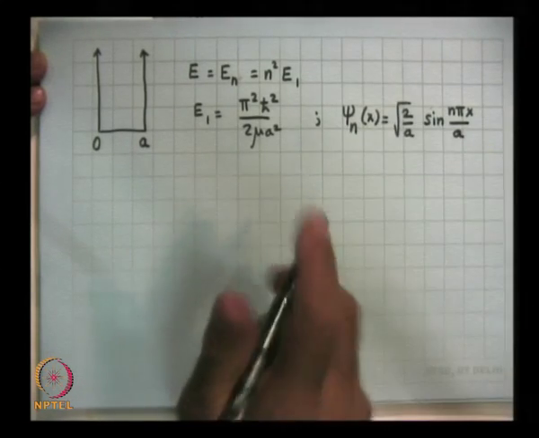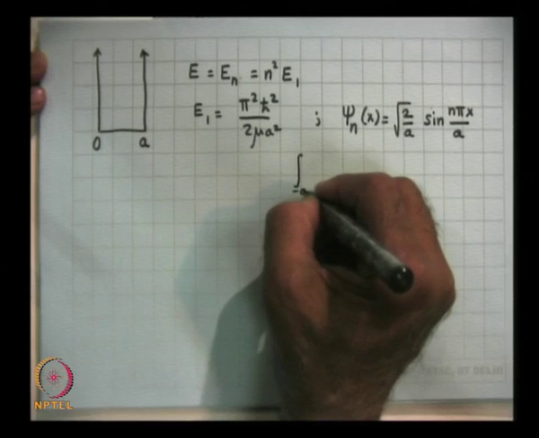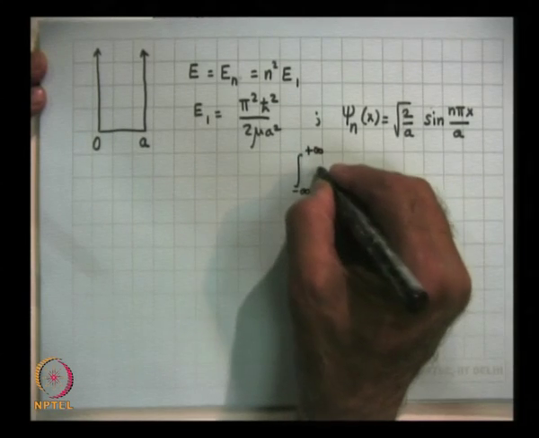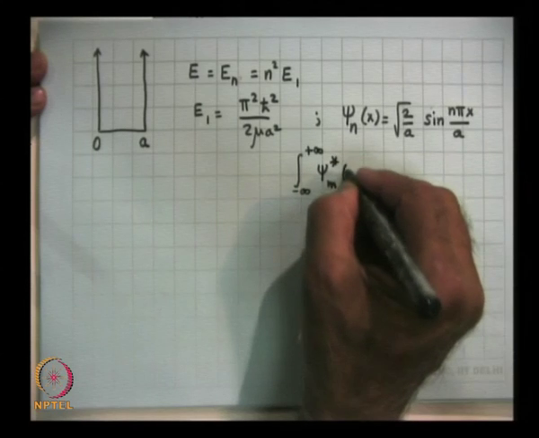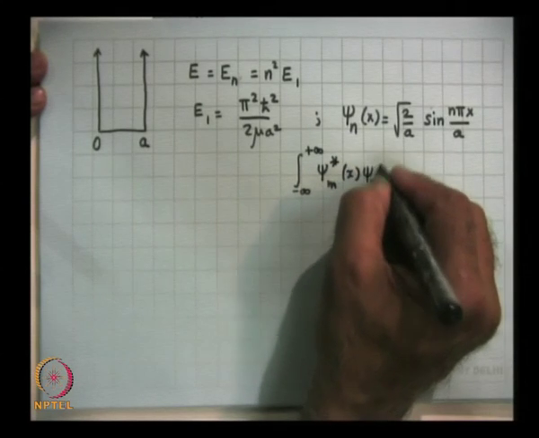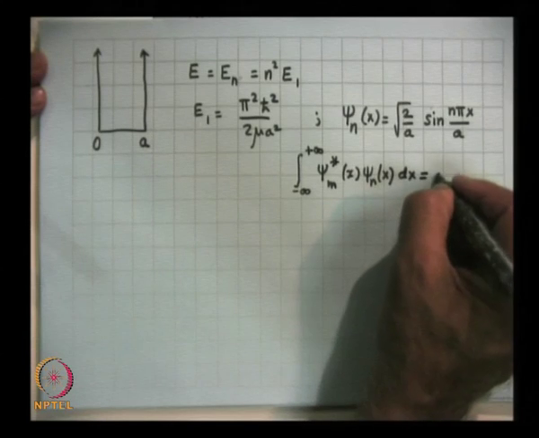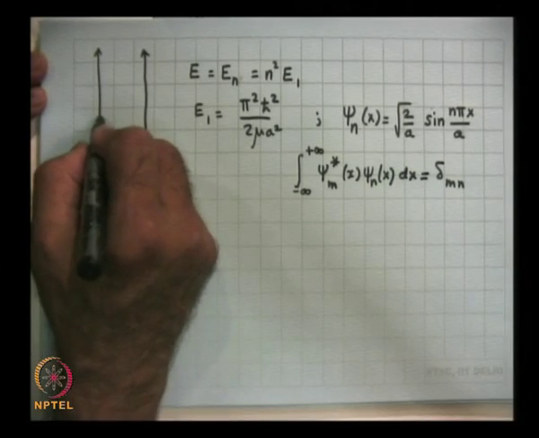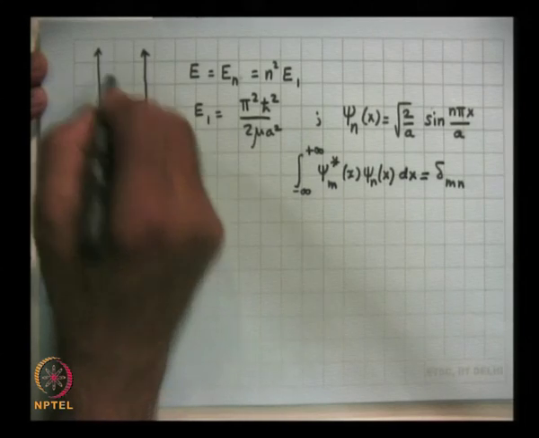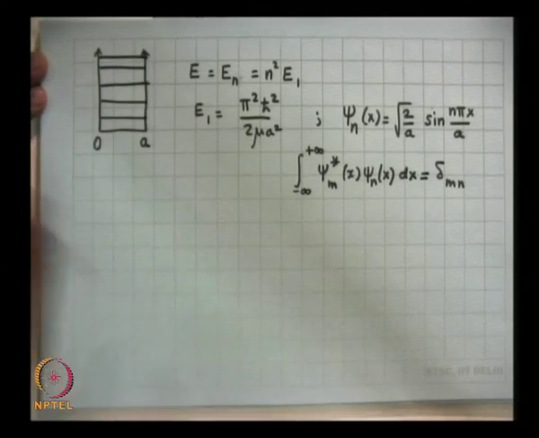If you use this, you can immediately show that the integral of psi m star of x psi n of x, if m and n are different, will be 0. So, this is equal to delta mn. So, we have E1, E2, E3, E4, E5 and so on.